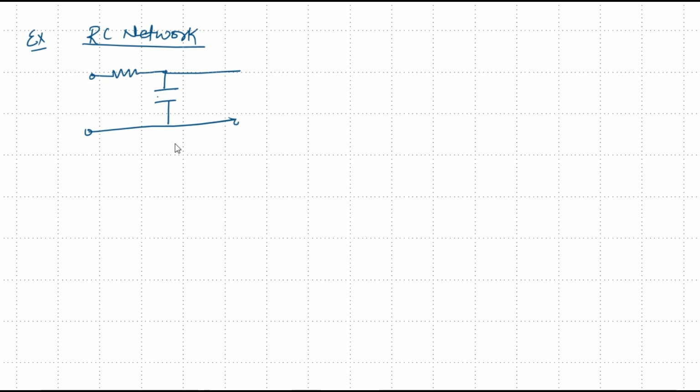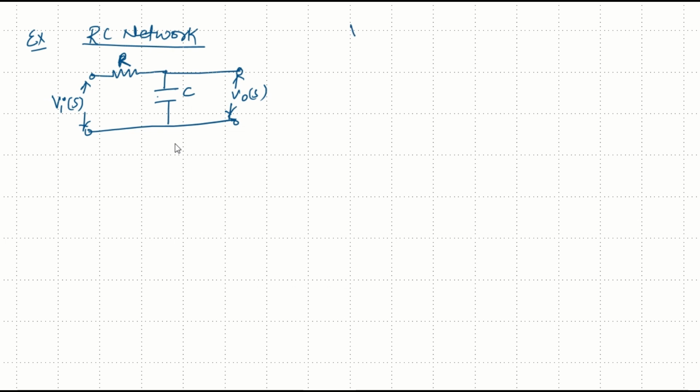Suppose this value is R and this is C. We have applied some input here, and we are considering all of this in the Laplace domain. So, we have applied input VIs, and we are getting some output VOs.